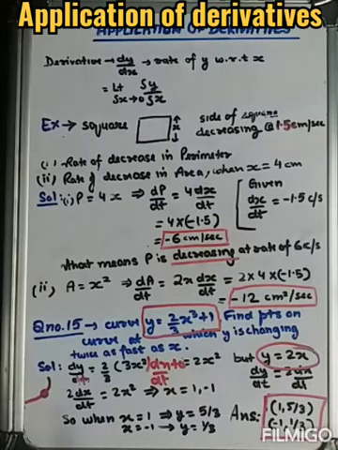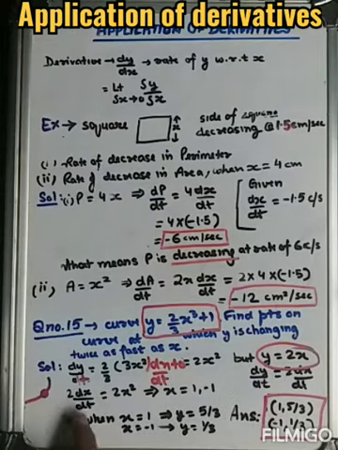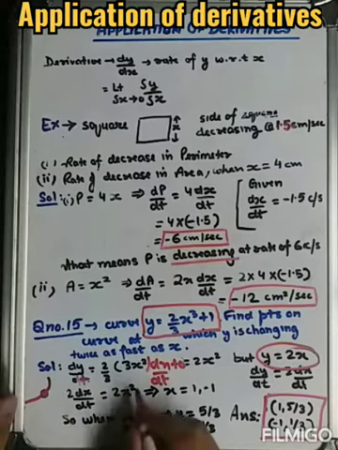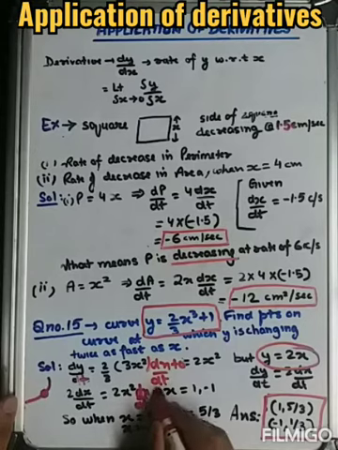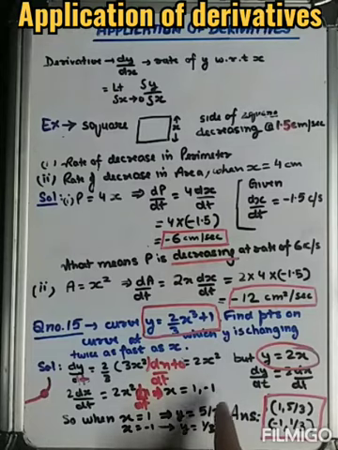Clear? So put dy by dt equals 2 dx by dt here also. On solving, we are getting x equals 1 and minus 1.